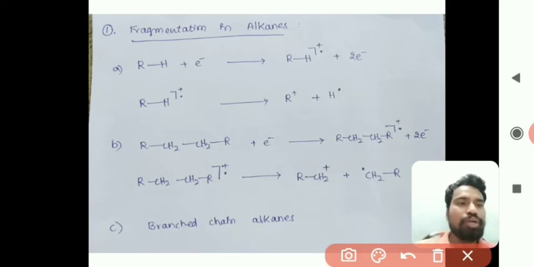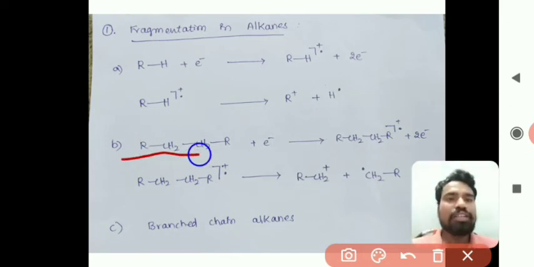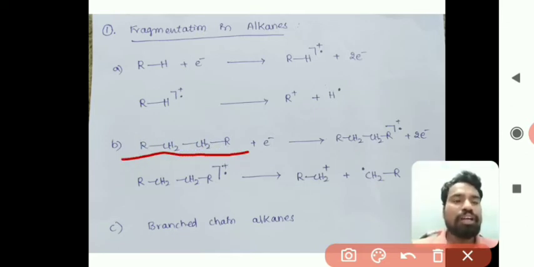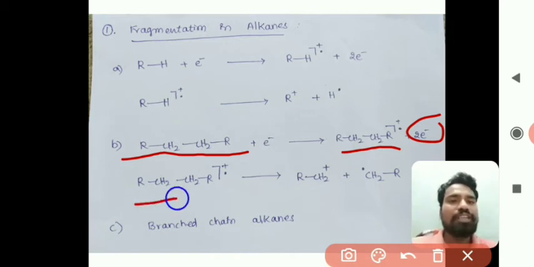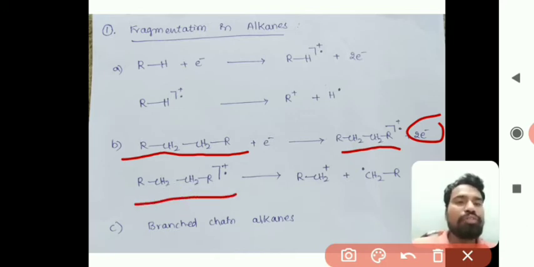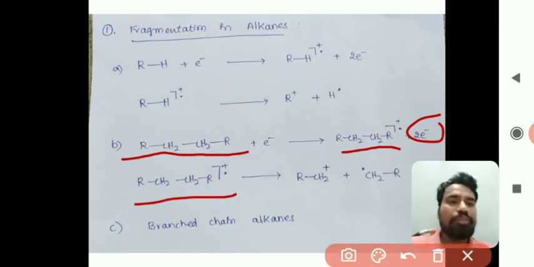Now in the case of long chain alkanes, which consist of a large number of carbons, for example observe here, this is R, CH2, CH2, R. Here R is an alkyl group consisting of a large number of carbons. When these long chain alkanes are bombarded with electrons, they form a radical cation, that is the molecular ion, and 2 electrons are evolved. This radical cation undergoes fragmentation, and the bond breakage takes place between carbon and carbon.